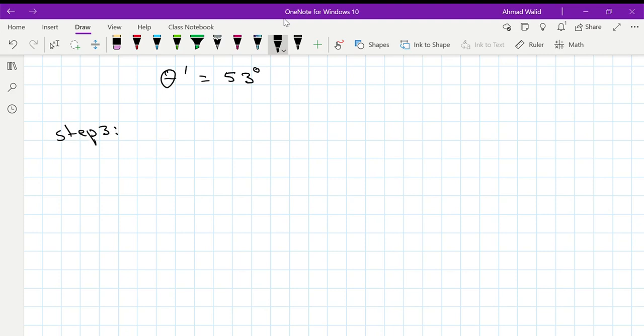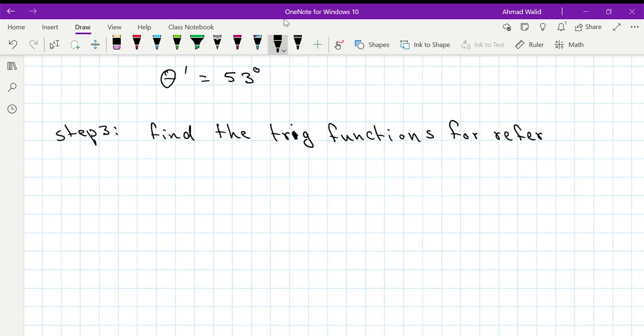In step 3, find the trig functions for the reference angle. Reference angle, let me put the name also, theta prime.